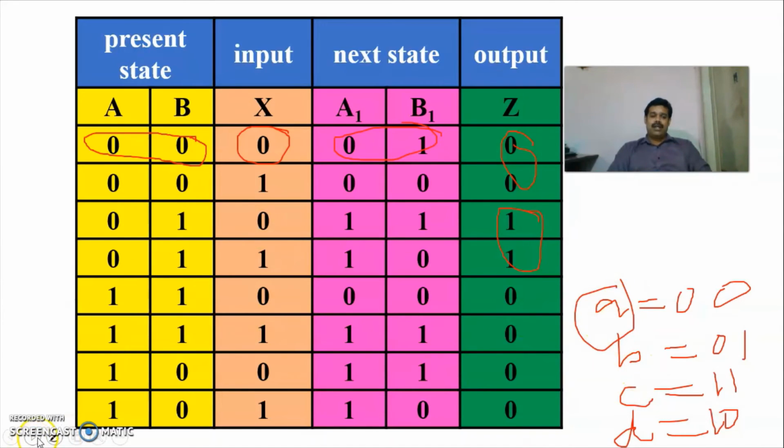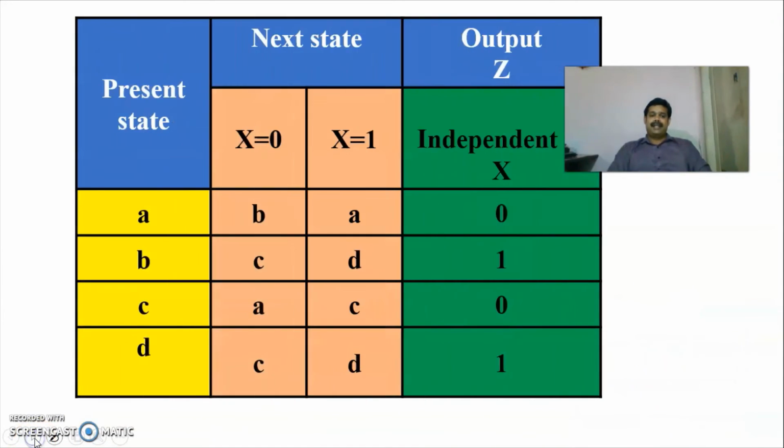This is what is called your state table. So here A is 0, 0, B is 0, 1, C is 1, 1, and D is 1, 0. Replacing the binary values by alphabets, we get the state table.